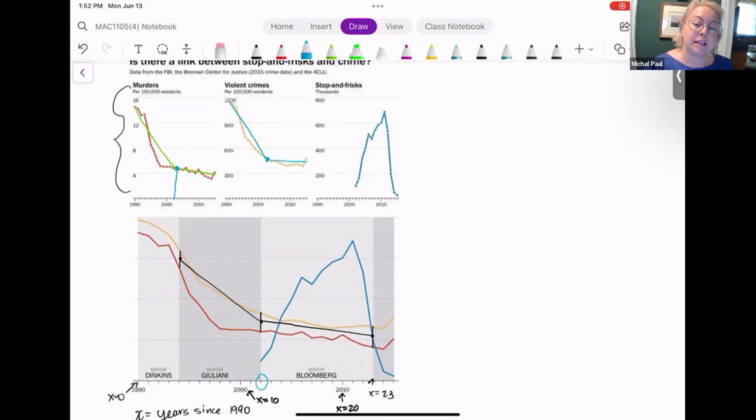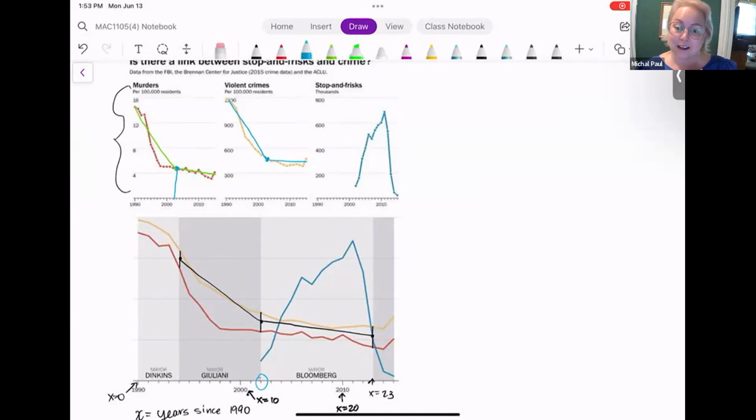Now, this graph doesn't tell us why it's slowed down. That's the thing about statistics: you can only answer the questions that are in the data that you have, and coming up with reasons requires a lot of theory and a lot of research, right? But just looking at the numbers, I don't believe that the crime rate reduction is a sufficient argument to justify stop and frisk.